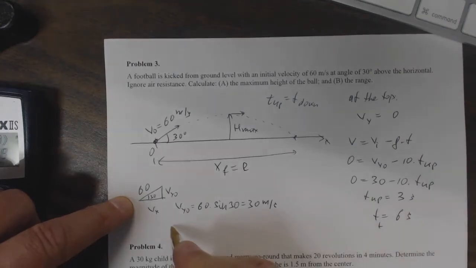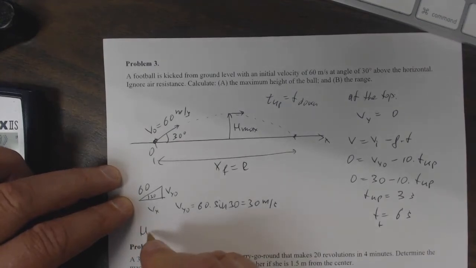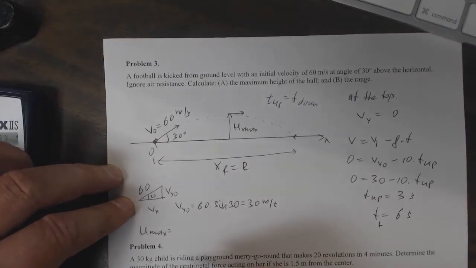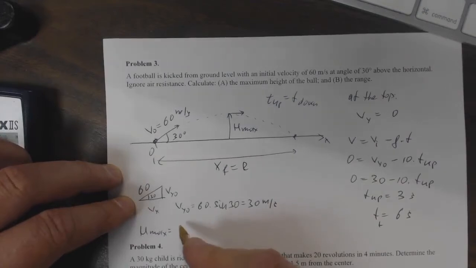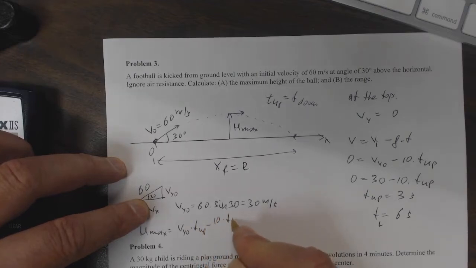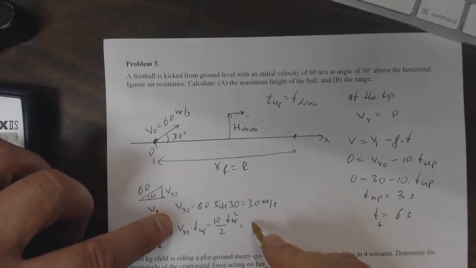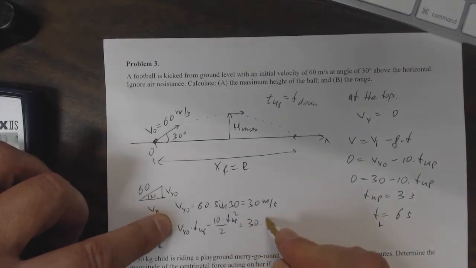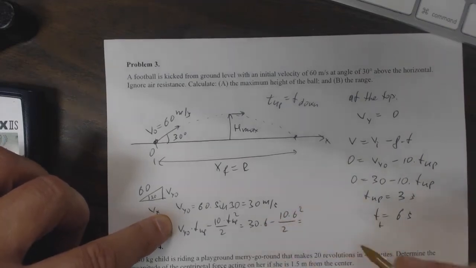And now to get maximum height. Well, it should be equal to vy initial times time up minus 10 times time up squared over 2, which is 30 times 6 minus 10 times 6 squared over 2.